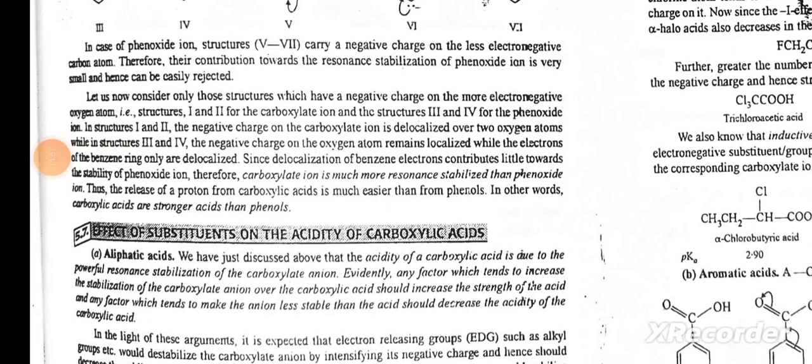Since delocalization of benzene electrons contributes little towards the stability of phenoxide ion, the carboxylate ion is much more resonance stabilized than phenoxide ion. Thus, the release of a proton from carboxylic acids is much easier than from phenols. In other words, carboxylic acids are stronger acids than phenols.